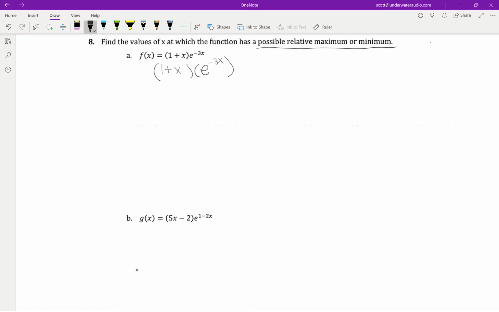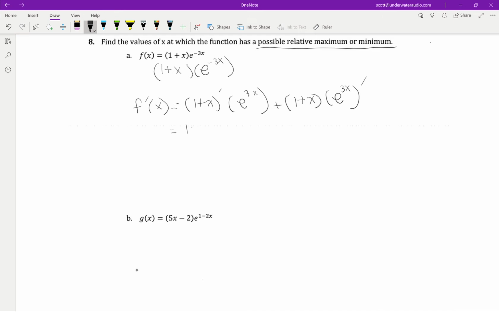So the derivative would be, let's see, the derivative of the first times the second, plus the first times the derivative of the second, which is, let's see, derivative of 1 is 0, derivative of x is 1.